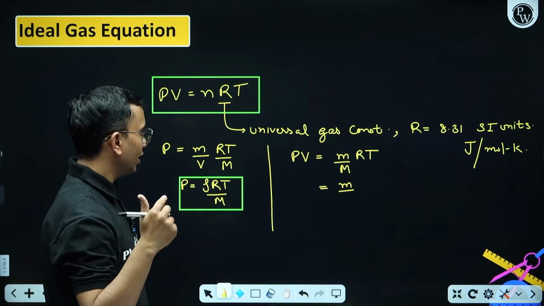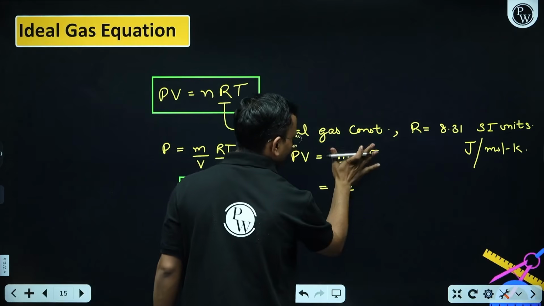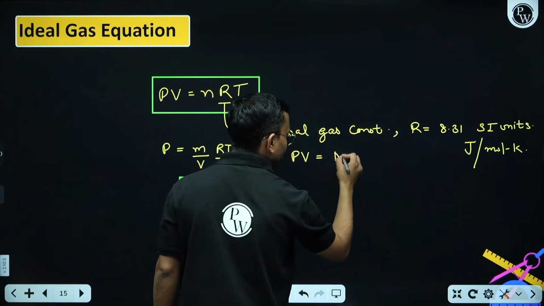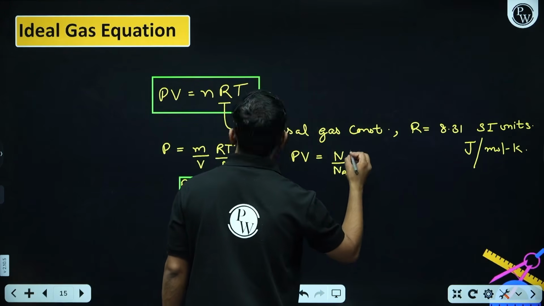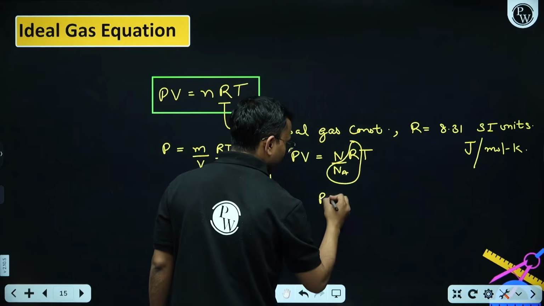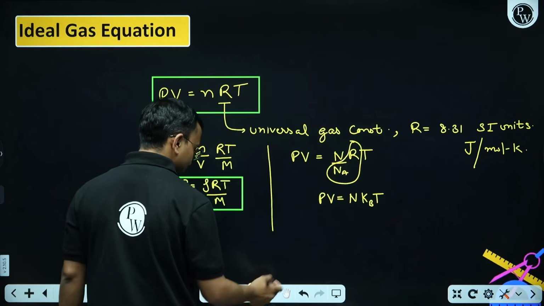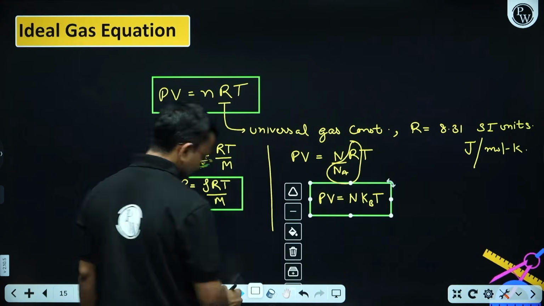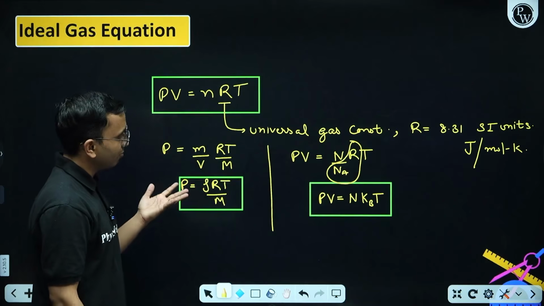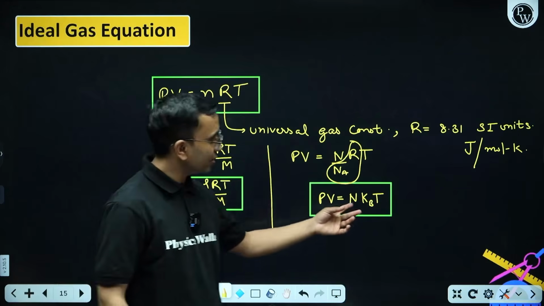Sorry, not like that. Let us write n as number of molecules divided by the Avogadro number. From there we'll get that anyway. So R by Na becomes our Boltzmann constant, and I got my PV is equal to N into k Boltzmann into the temperature. So this is how we can change the form of the expression.